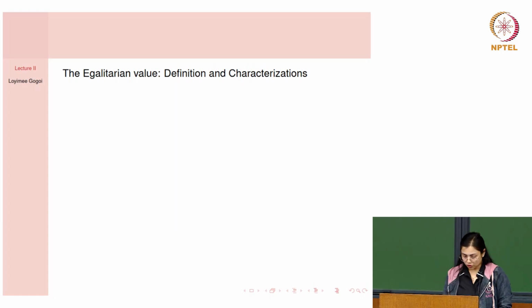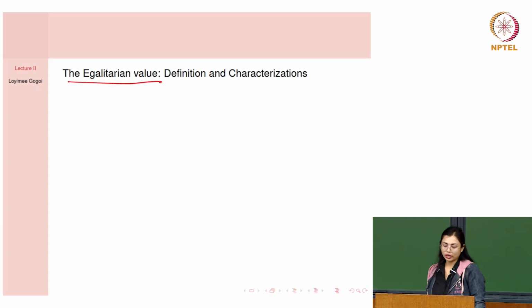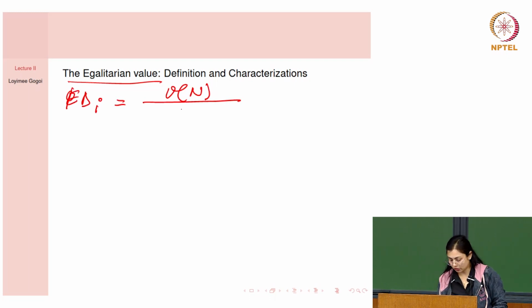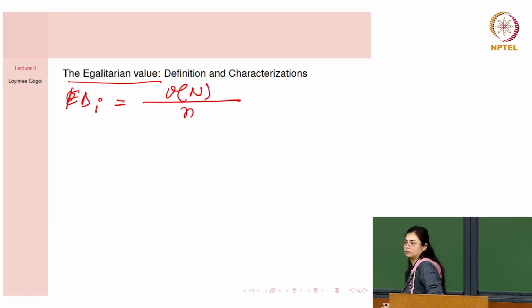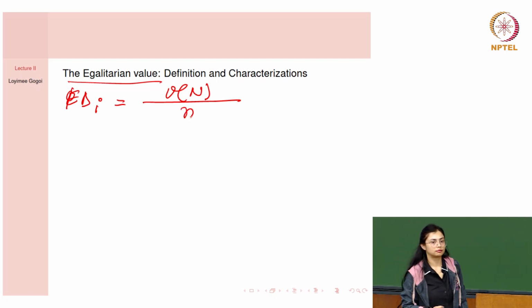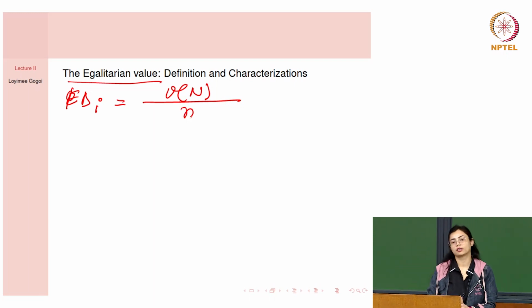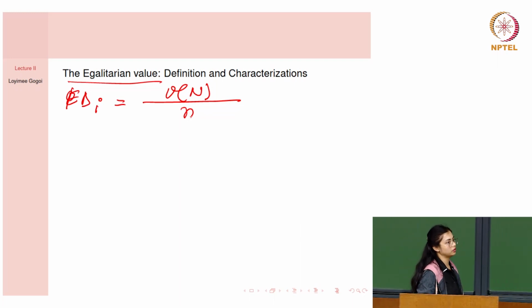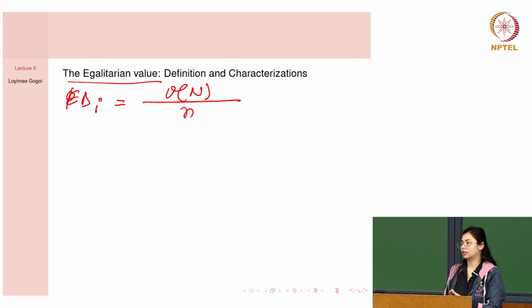Okay. So egalitarian or equal division is very simple. What is equal division? We simply distribute the worth of the grand coalition among the players equally. One example I can give you: when property is distributed from parents among children, in India what do we actually do?